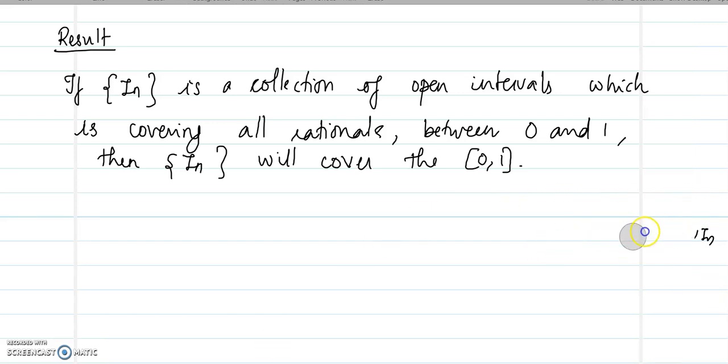Okay. So let us look at the second problem.